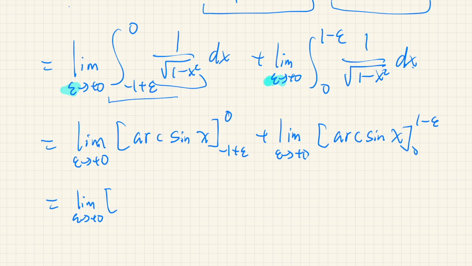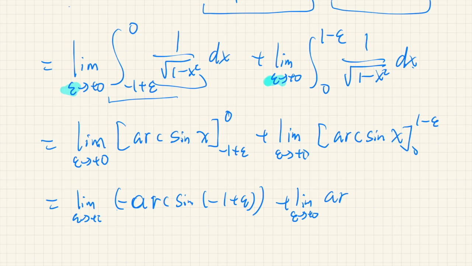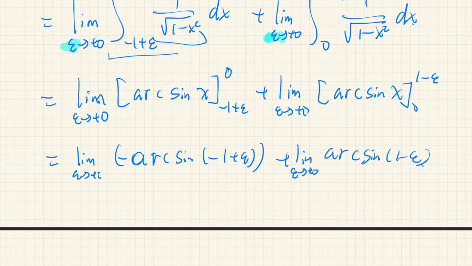So arc sine 0 is 0, and we have negative arc sine of negative 1 plus epsilon. And arc sine 0 is 0, and we have arc sine of 1 minus epsilon.